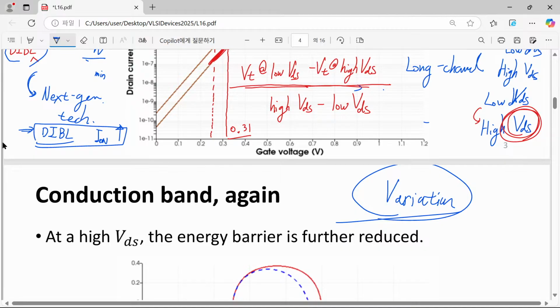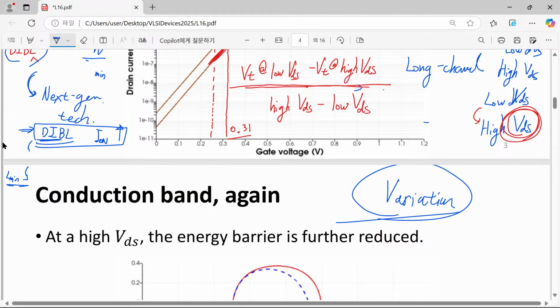So a certain company tries to make an even better transistor. The way is, of course, to reduce the length of our gate even further. However, of course, DIBL makes the problem. In order to solve that problem, they have to find different ways.